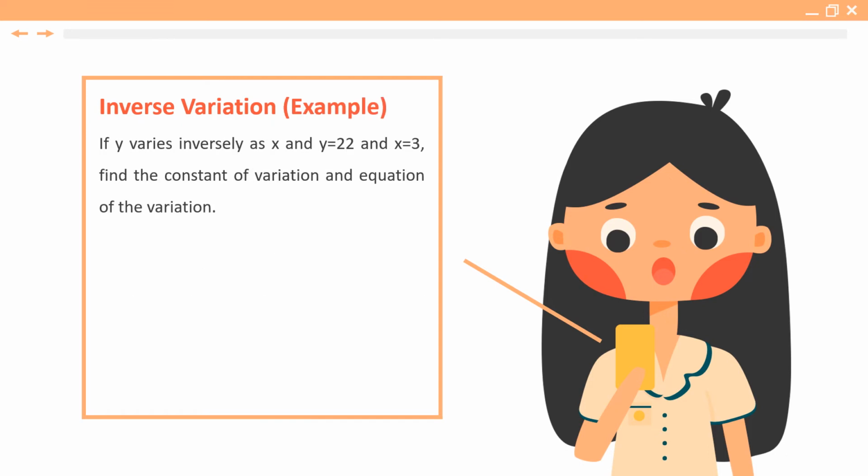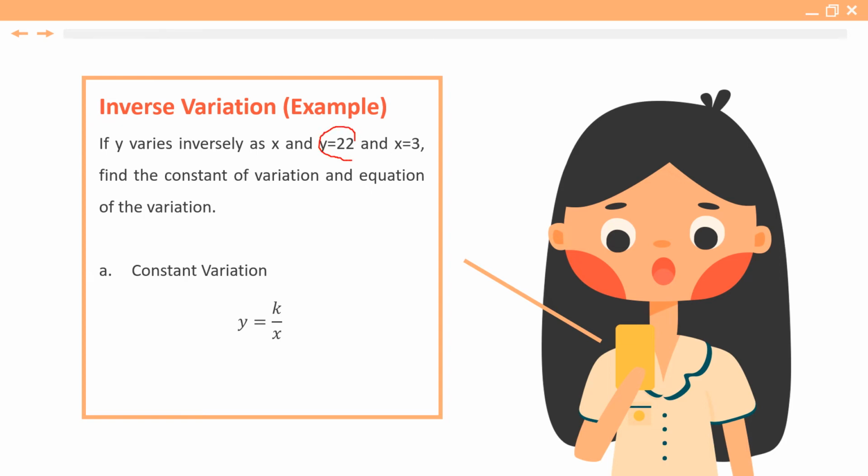For example, we have y varies inversely as x and y is equal to 22 and x is equal to 3. Find the constant of variation and the equation of the variation. So keyword here, inversely. So remember our given formula, y is equal to k over x.